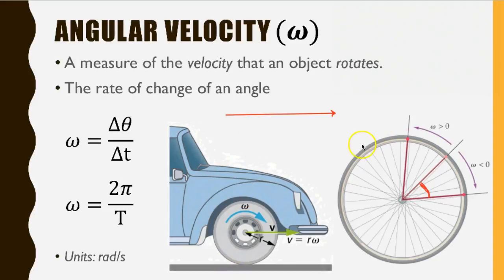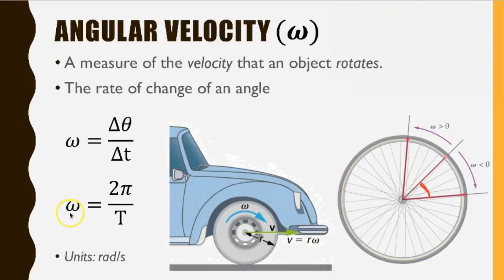Here, we don't really have left or down, because those perspectives change as you rotate. So we refer to the counterclockwise direction as positive and the clockwise direction as negative. And that's just how we do that.